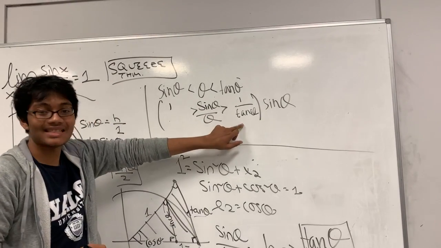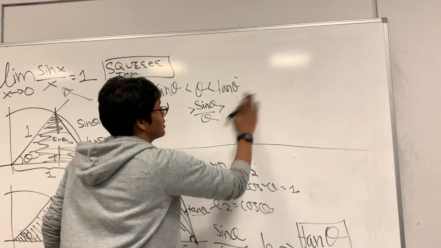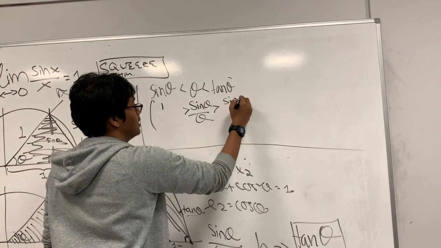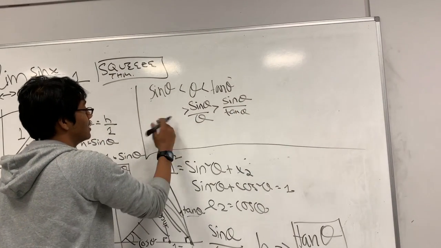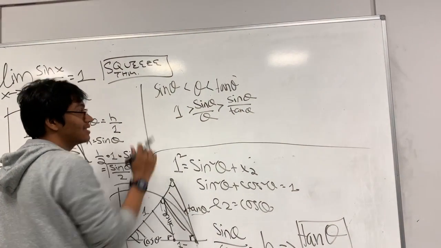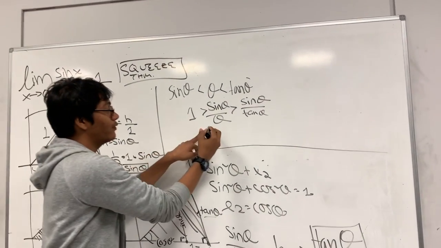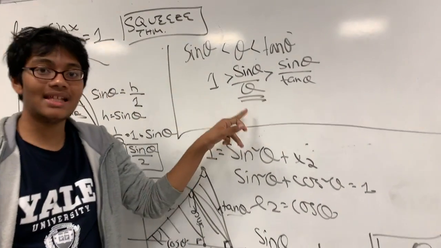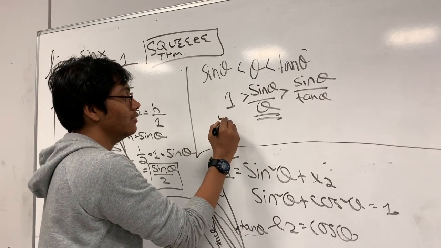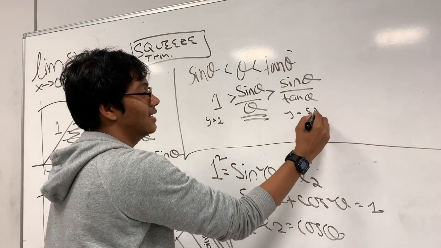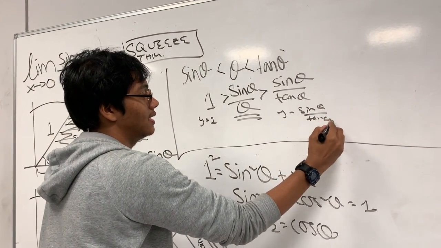And over here you'll get sine theta over tangent theta. Okay, so this is great because now we have what we want exactly in the middle, sine theta over theta. It's restricted by two functions, y equals 1 and y equals sine theta over tangent theta.